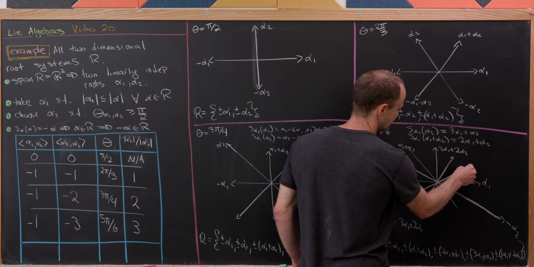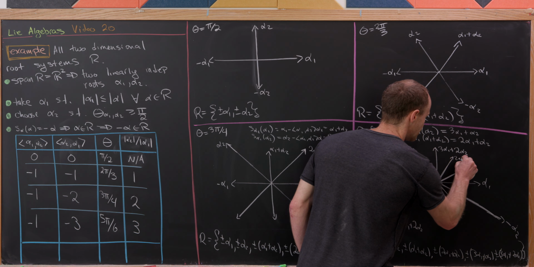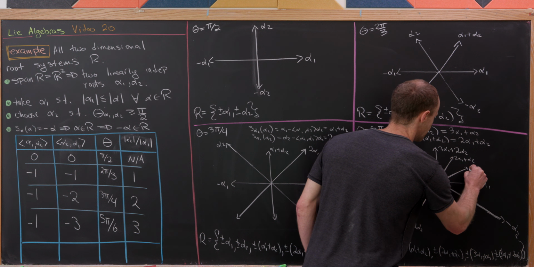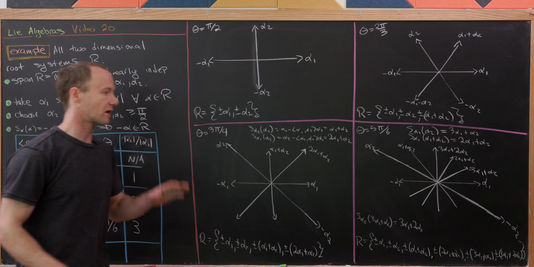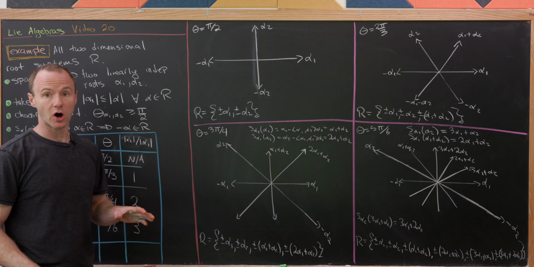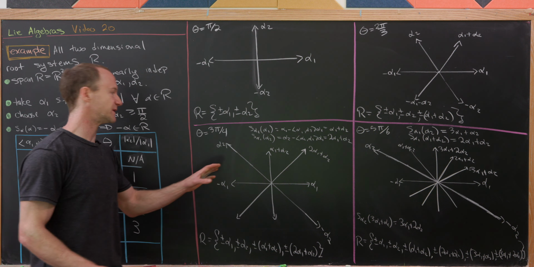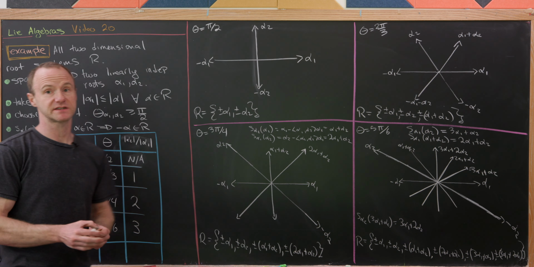Okay, so let's see which one goes where. This one is going to be 2 alpha 1 plus alpha 2, and then this one is going to be 3 alpha 1 plus alpha 2. And then that would be our complete root system in this last case. And that's going to be all possible two-dimensional root systems because we've gone through all possible angles between these two roots. And that's a good place to stop.